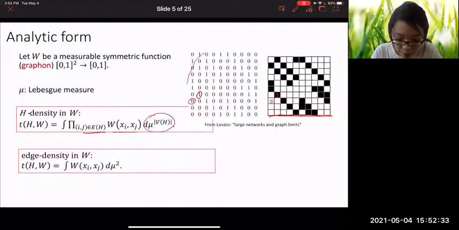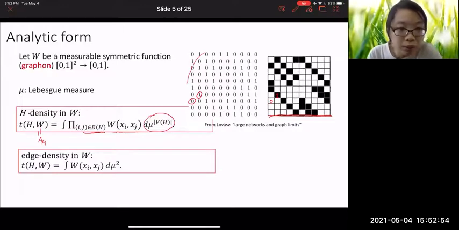So in the case when W is the adjacency matrix, then this W(x_i, x_j) just equals 1 or 0. So you can see when W is exactly the adjacency matrix A_G, then this is exactly the homomorphism density of H into G.